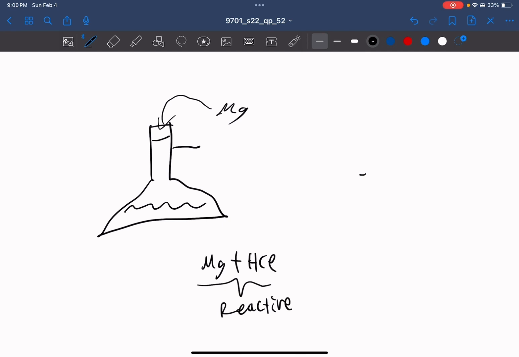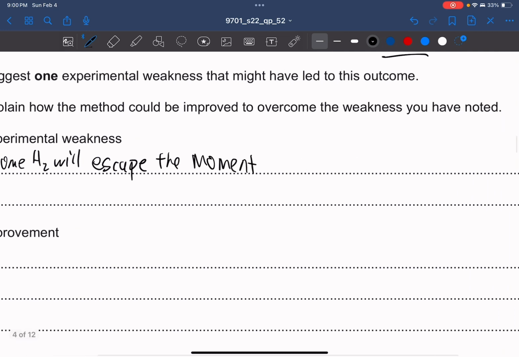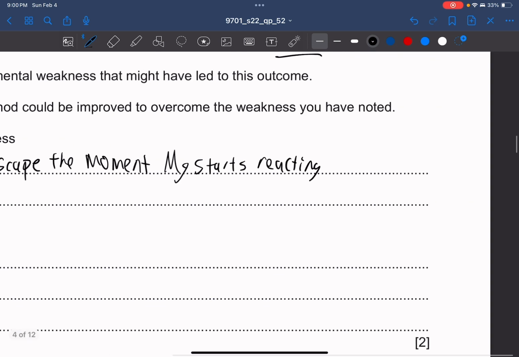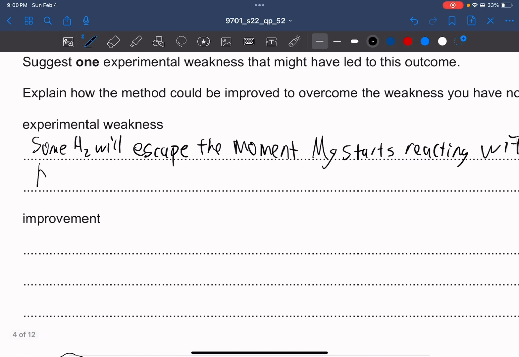So no matter how fast you are, some H2 will escape. So that's basically our answer. Some H2 will escape the moment Mg starts reacting with HCl before stoppering.